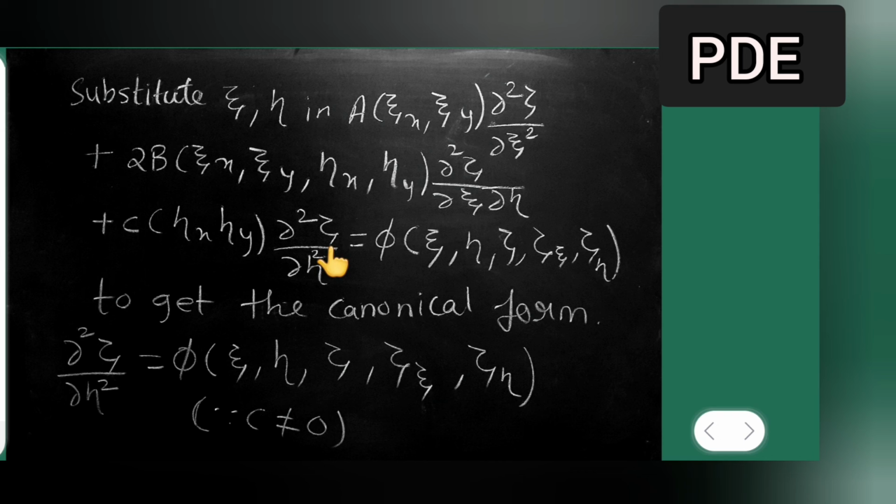So what I am going to get? dou square tau upon dou eta square is equal to whatever is here, write it as it is, phi of xi comma eta comma tau comma tau xi comma tau eta, okay. Since c is not equal to 0, I can write this. The rest of these terms are 0, so only this is remaining, okay.